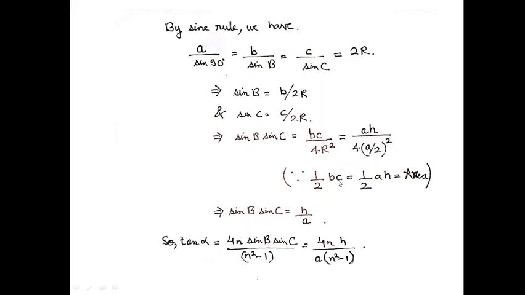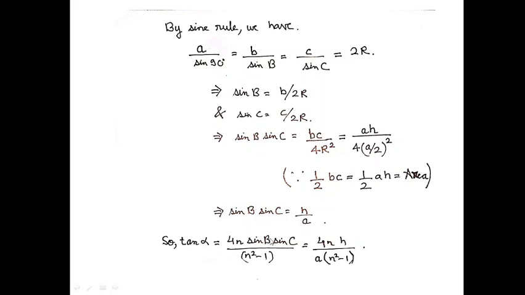Because the area is given by half of base into height, and that is also altitude into hypotenuse into half, all the same. So bc will be ah, and 4 into r square will be 4 into a by 2 whole squared. So sin B sin C, on putting the values, you will get h by a.